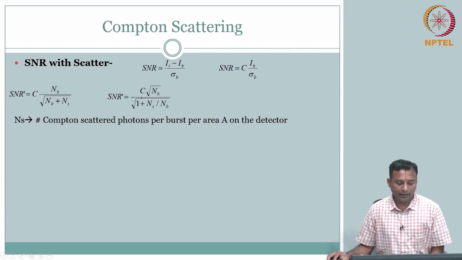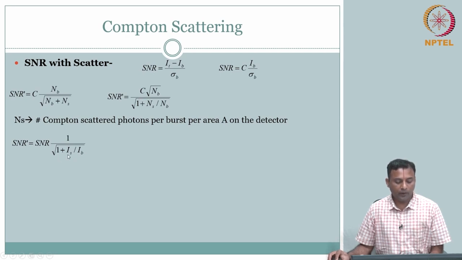Well, I have SNR dashed C, and I have NS by NB. So, SNR dashed is in terms of SNR by 1 plus IS by IB. The idea was I want to write my SNR dashed in terms of SNR. SNR dashed is equal to SNR times 1 by (1 plus IS by IB).